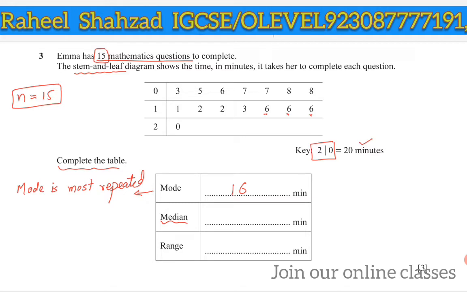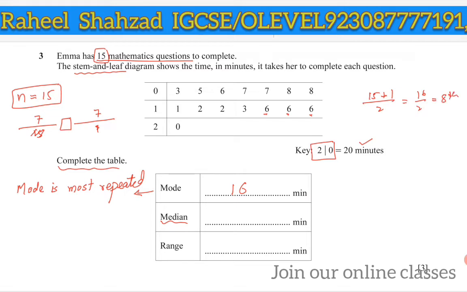So if we have 15 total questions, you can divide 15 into two parts: 7 questions, that makes 14, and then the 8th value would be my answer. Or you could say that it is 15 plus 1 divided by 2, that makes it 16 by 2, that makes it the 8th value.